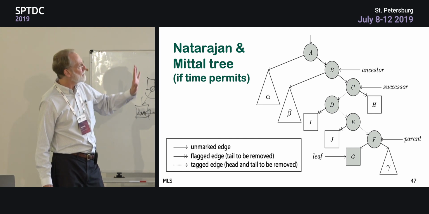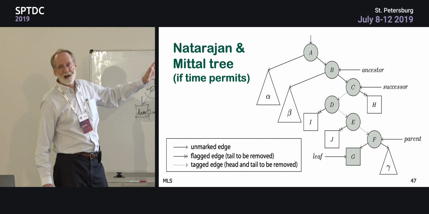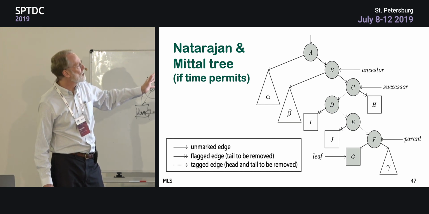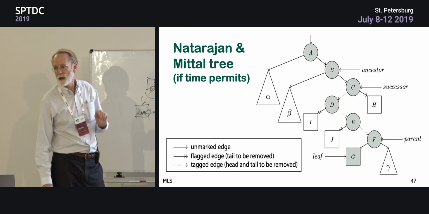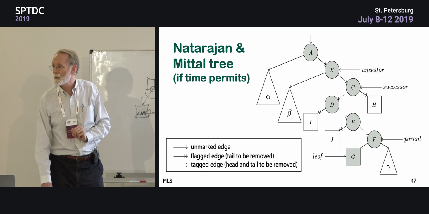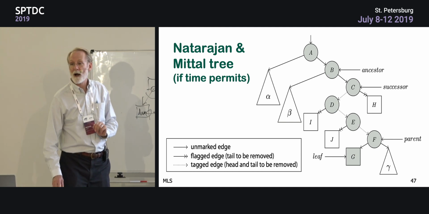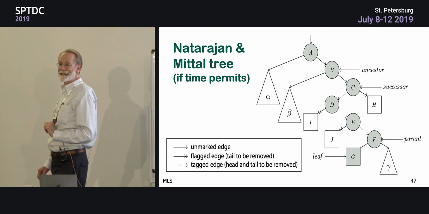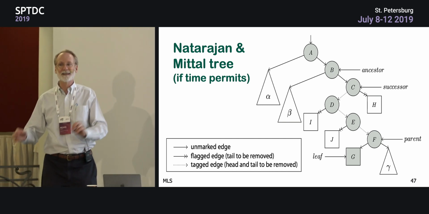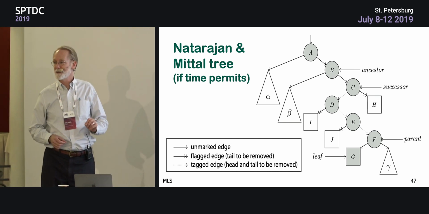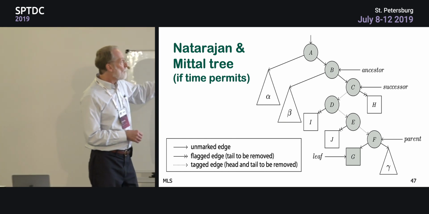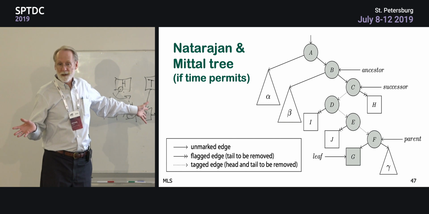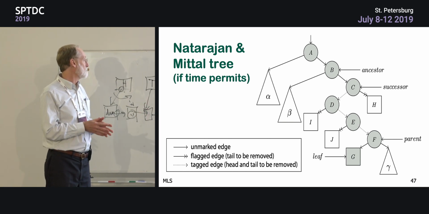And in particular, in this picture, which represents an unlikely but possible situation, all the nodes on the path from C to F, non-inclusive, so in other words, nodes D and E, are in the process of being removed, and we want to allow their removal operations to continue to occur concurrently with whatever we're trying to do down at leaf G. There are unmarked edges in this tree, lots of them presumably, and then there are two kinds of marked edges.